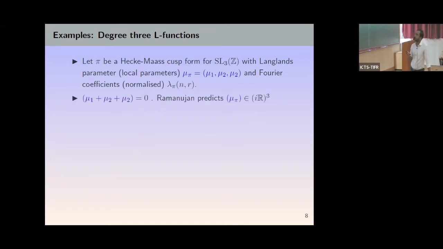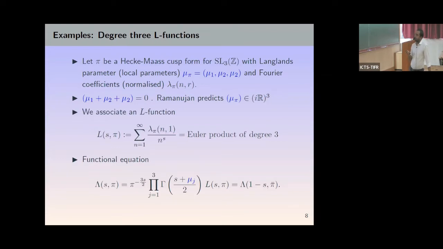The observation is that the sum mu_1 plus mu_2 plus mu_3 will be 0, and the Ramanujan conjecture predicts that the mu's will all be imaginary, so they belong to (iR) to the power 3.